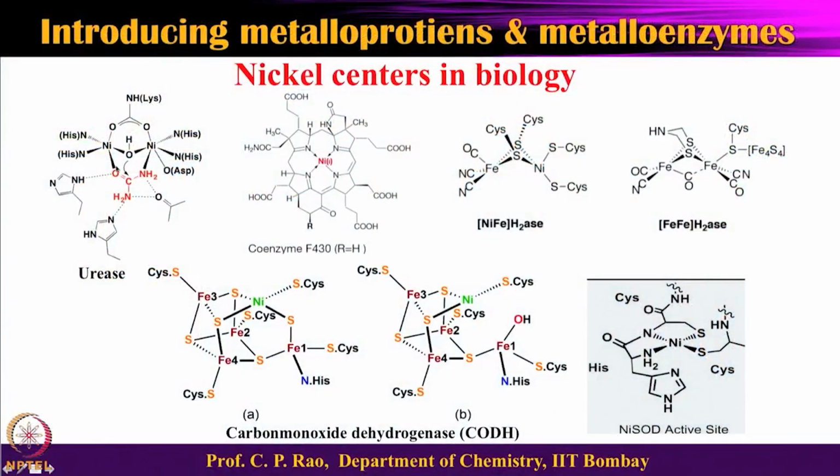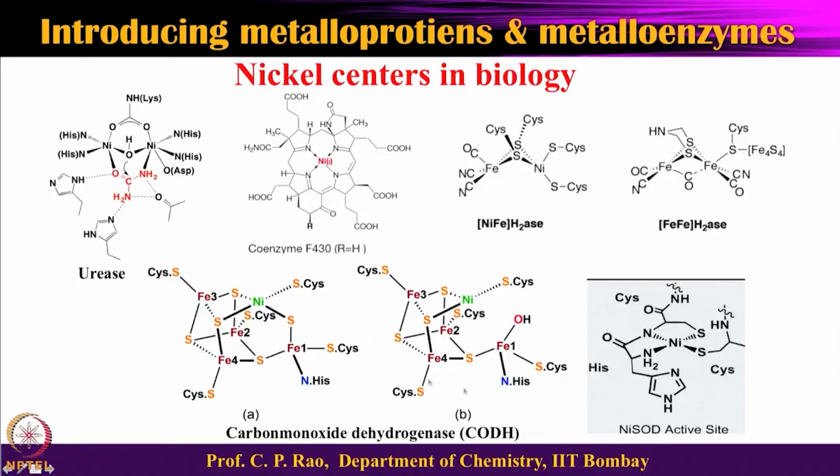As you can see, start from the top left structure, which is a di-nickel center, go to the right, there is one nickel here, go to the further right, there is one nickel, one iron combined, and there is another one with iron which is not a nickel, but comes under the hydrogenase class, and you have a core structure with the iron and nickel together forming a specialized structure. You see that nickel over there, you see that nickel over there.